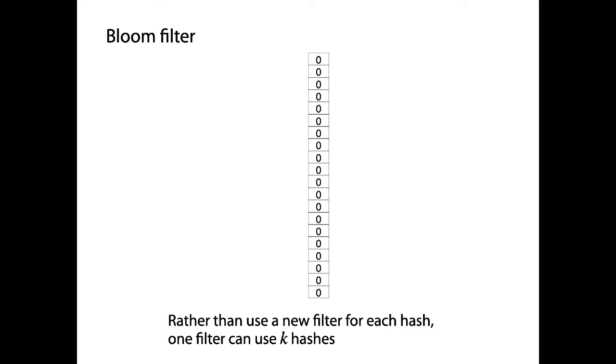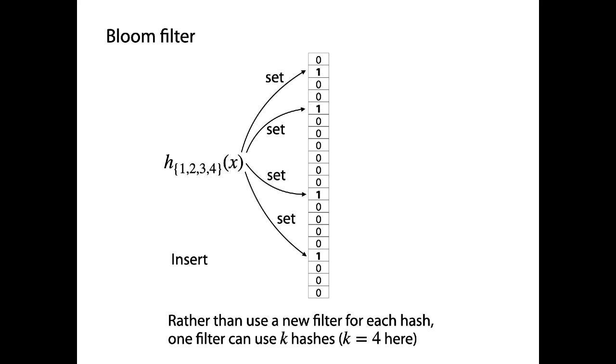In other words, let's say k is equal to 4, and we have an item x that we would like to insert. We would apply all 4 of the hash functions, and all 4 would map us into a slot in the same bit vector, just different slots in the same bit vector. Or maybe not, right? There might be collisions among the hash functions in the given bit vector.